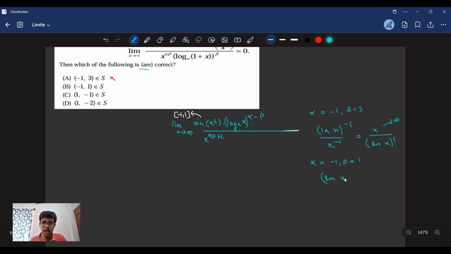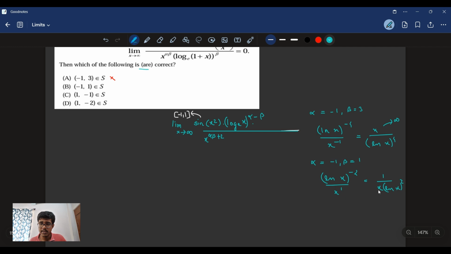Next, if I put alpha as -1 and beta as 1, so log of x, that is alpha -1 beta -1 -2 by x, alpha into beta, that is -1 plus 2, that is 1. Now 1 by x log of x whole to the power 2.